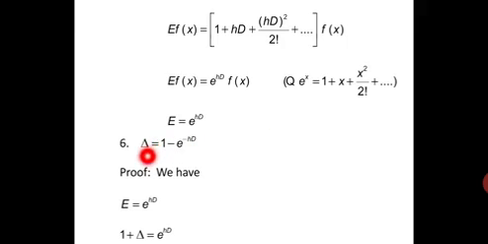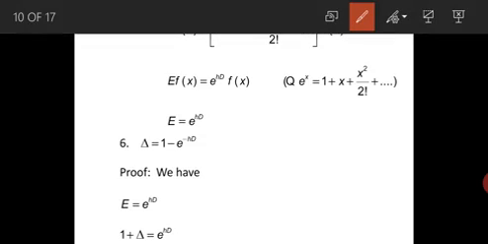Okay. Next, the sixth one. You can see forward difference delta is equal to 1 minus e power minus hD. Now I'll consider first E is equal to e to the power of hD. The shift operator E is equal to, I am considering this part. You can see it here. We have just proved this in the last problem, the fifth problem. Okay, here it is. We are considering this. What is this E?